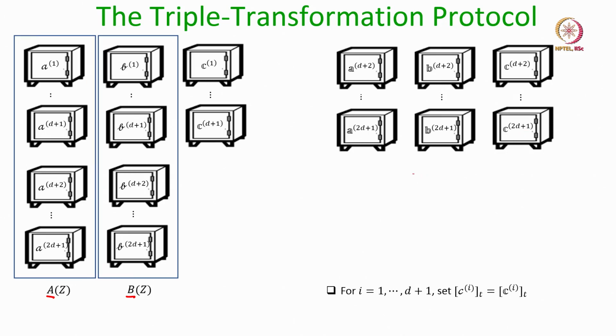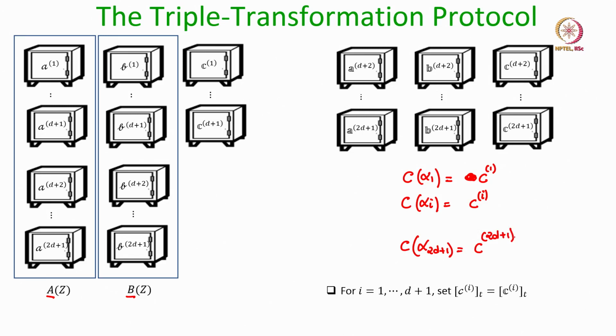Why can't I define the C polynomial to be the unique 2d degree polynomial, which when evaluated at alpha 1 gives you the C component of the first triplet, when evaluated at alpha i gives you the C component of the ith triplet, and when evaluated at alpha of 2d plus 1 gives you the C component of the last input triplet.